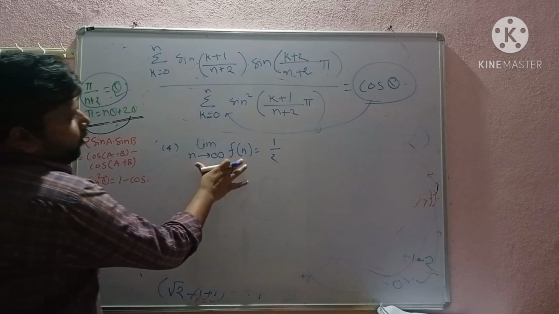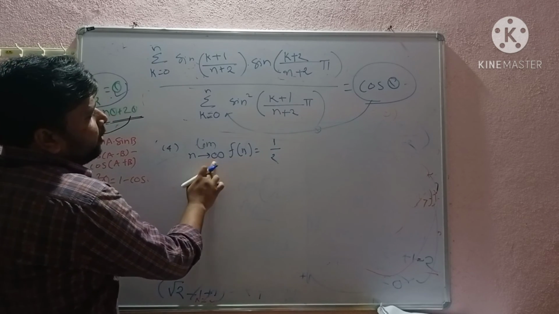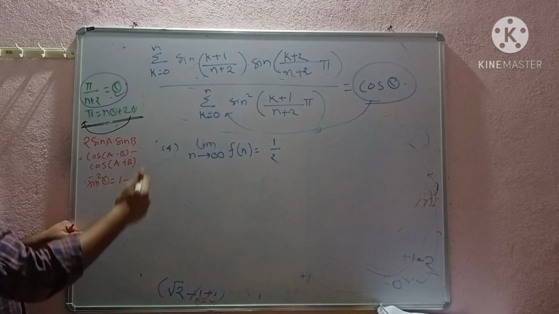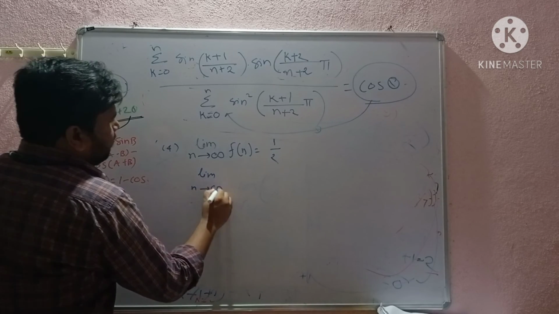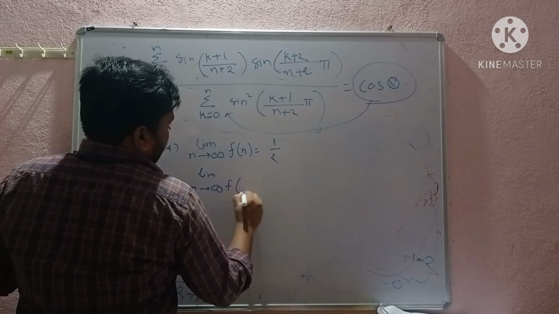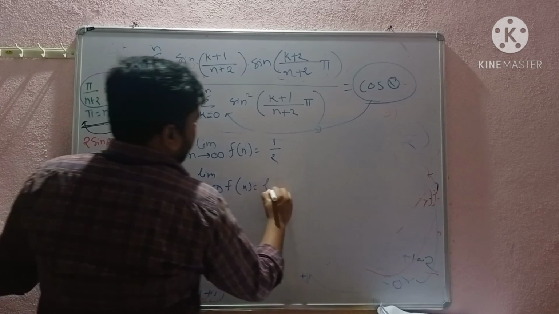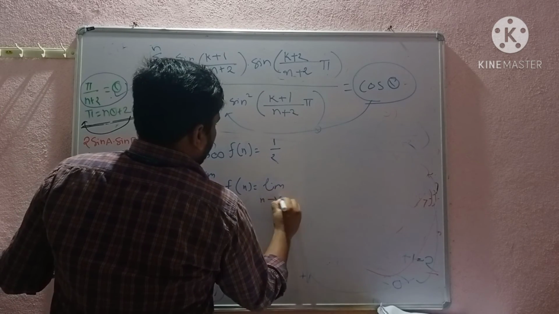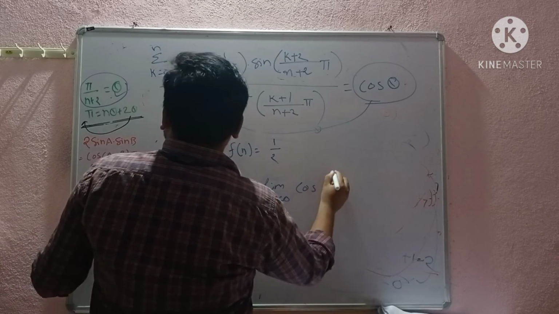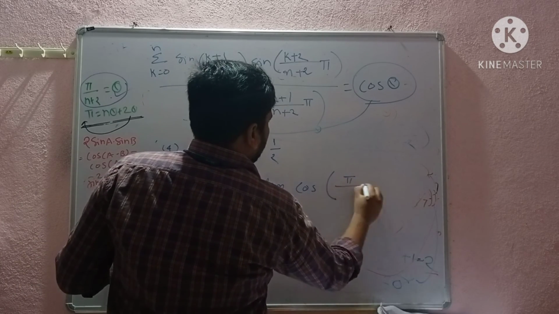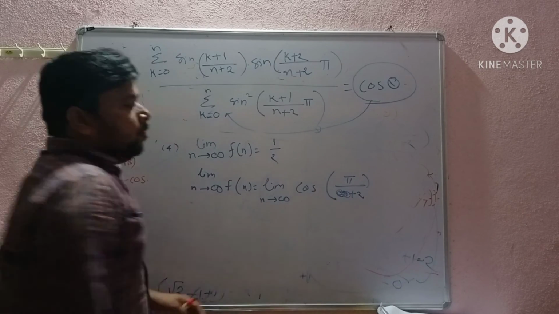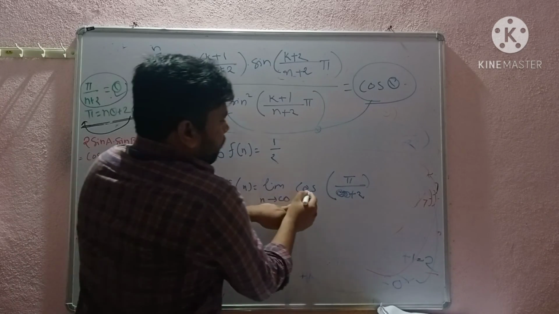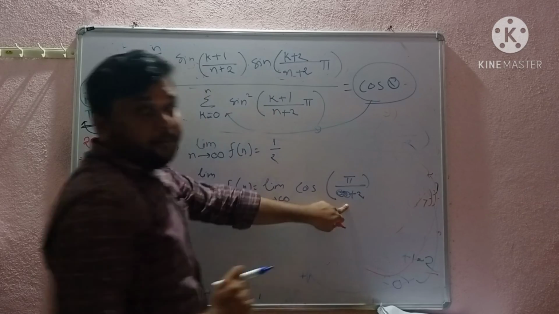Now solve this limit by putting the value of infinity in our original equation. So limit n tends to infinity of f of n is equal to limit n tends to infinity of cos of pi upon (infinity plus 2).